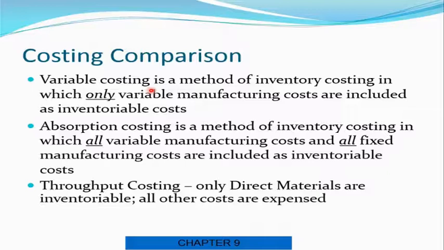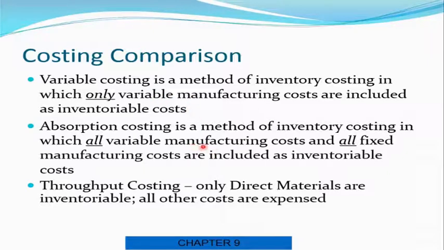The variable manufacturing costs, as we discussed in Chapter 2, cost terms, are only direct materials, direct labor, and variable manufacturing overhead. But absorption costing is a method of inventory costing in which all variable manufacturing and all fixed manufacturing costs are included as inventoriable cost.